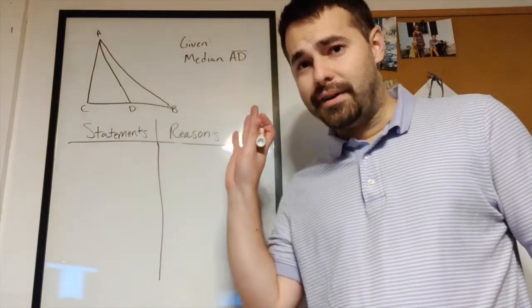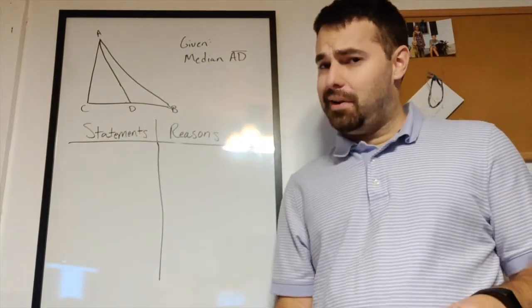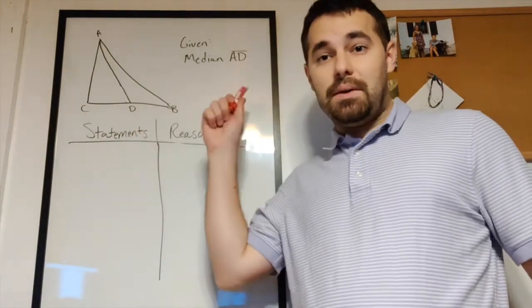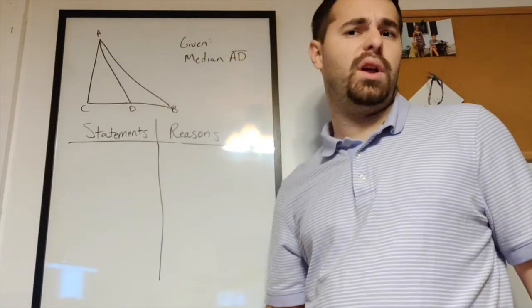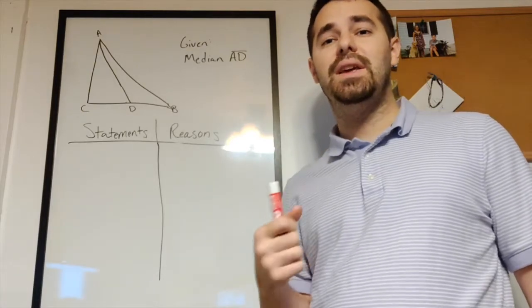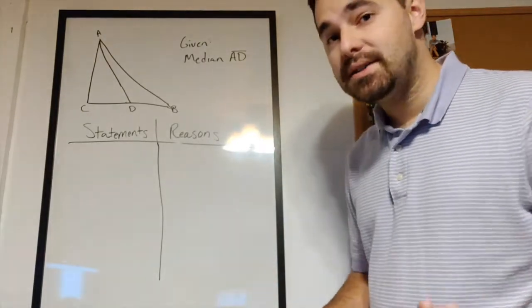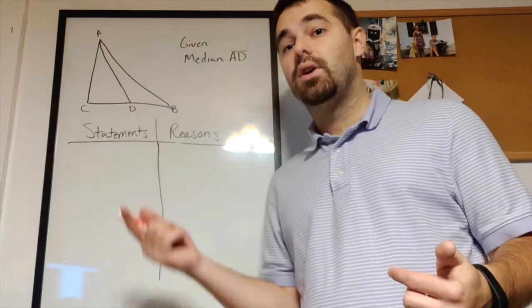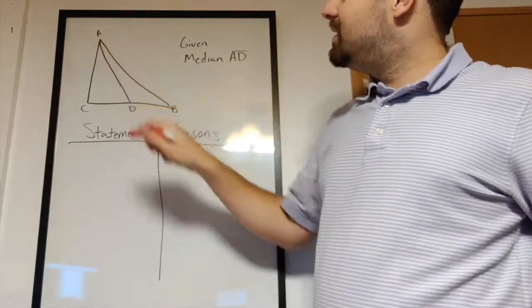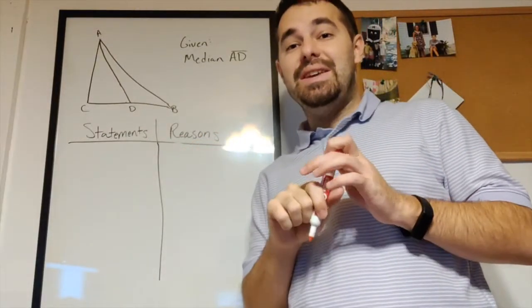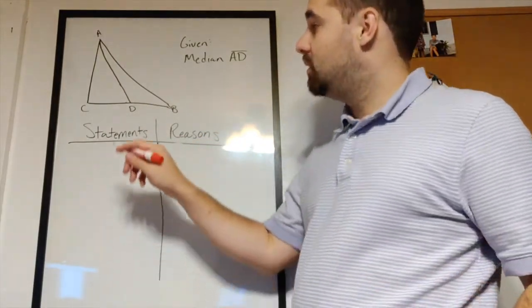This time, our triangle is a little lopsided. It's looking a little less like an isosceles triangle. This time, though, we do have a median. We have a median AD of this triangle. As I talked about earlier, medians go from opposite corner to opposite midpoint. So AD makes D the midpoint of BC.